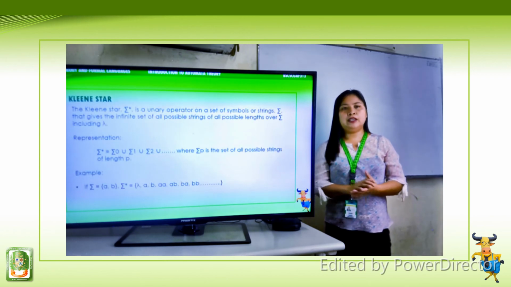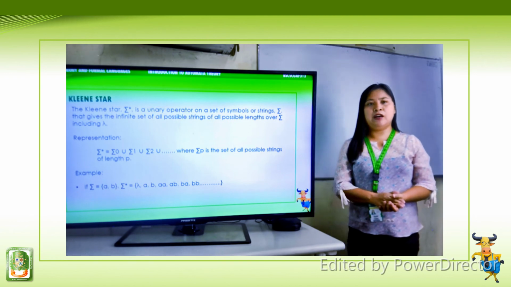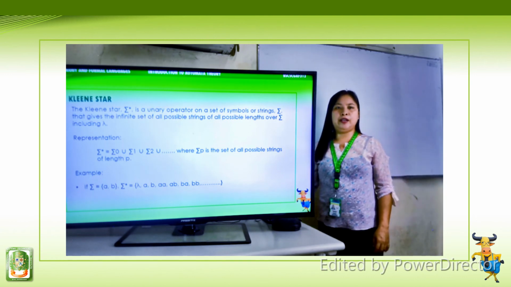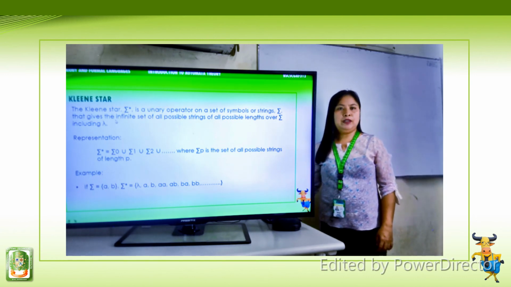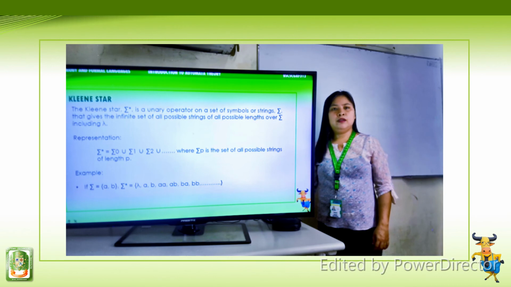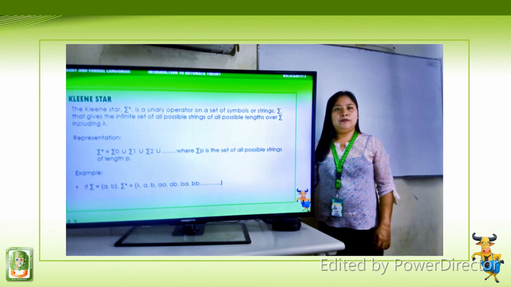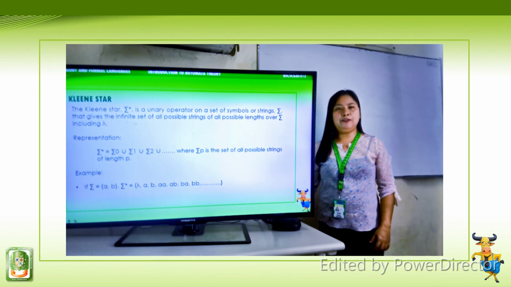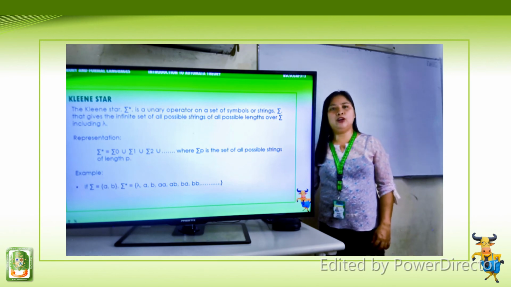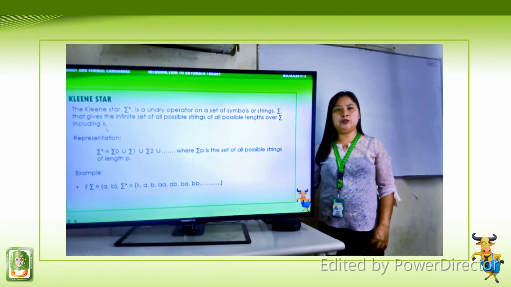Next, the Kleene star. The Kleene star, represented by this symbol, is a unary operator on a set of symbols or strings that gives the infinite set of all possible strings of all possible lengths over the alphabet, including the empty string. So, this symbol represents an empty string.